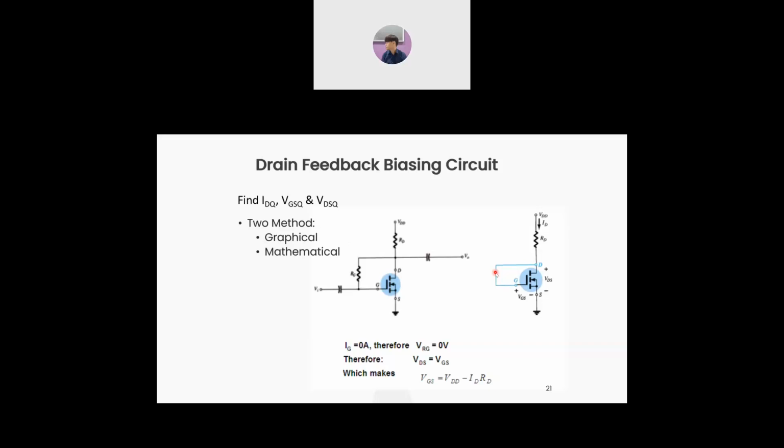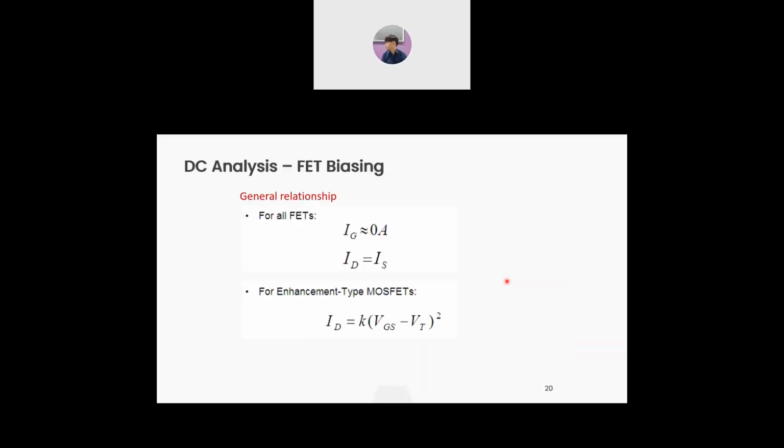Why? Like we learned previously, in DC analysis, FET biasing general relationship, for all FET, IG is equal to 0. Meaning to say, ID is equal to IS. Not exactly 0, but approximately 0.